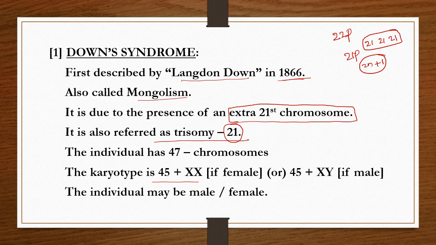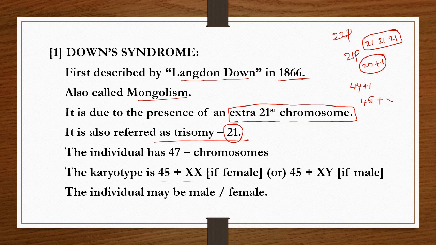But here we observe a change in autosomes. Normally autosomes are 44, but on the 21st chromosome an extra one is added, so that means 45 autosomes, and there is no change in the sex chromosomes.